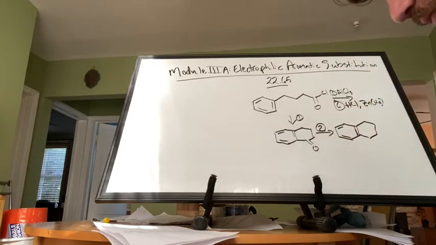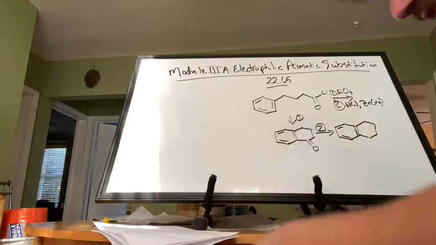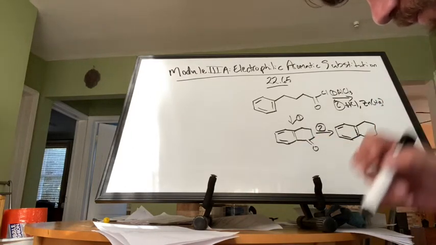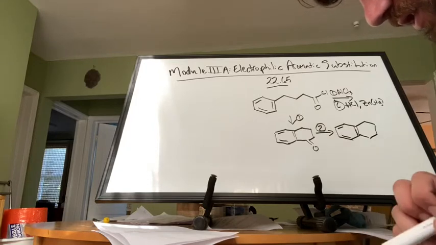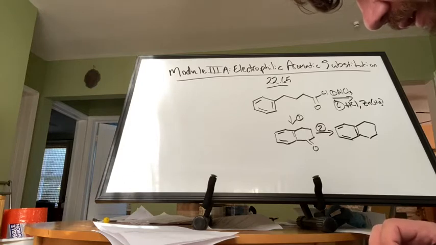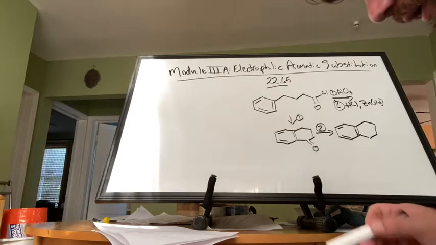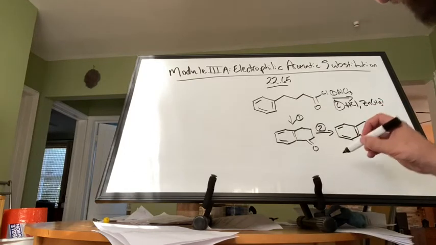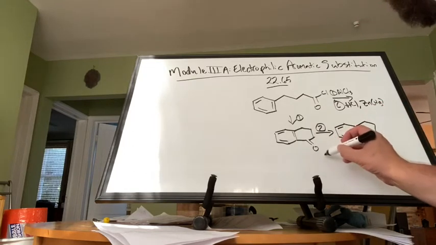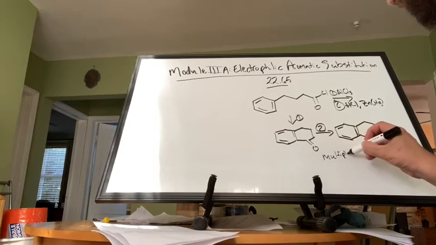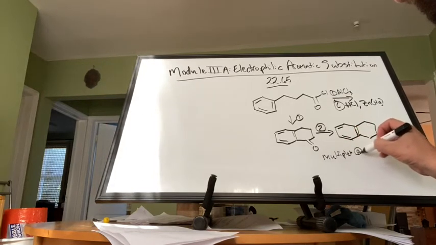Okay, so what does the data actually say? Okay, so you have, I guess, a multiplet there on the left-hand side of your NMR spectrum. They're around 7 ppm. So multiplet at 7 ppm.